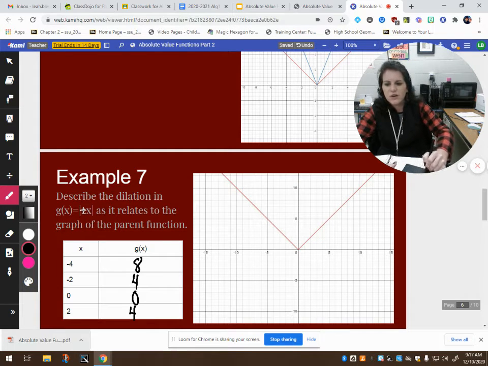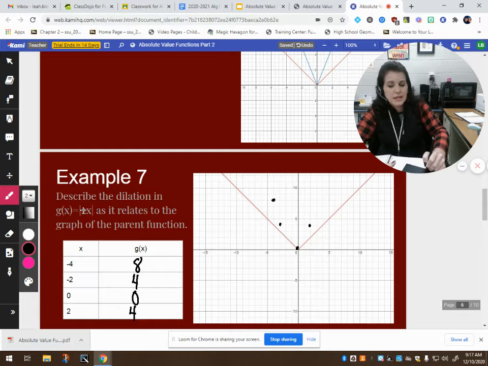So let's go over here and graph our function. We can go over -4, up 8, go over -2, up 4. Go over 0, up 0, so the vertex remained the same. And I go over 2 and up 4.